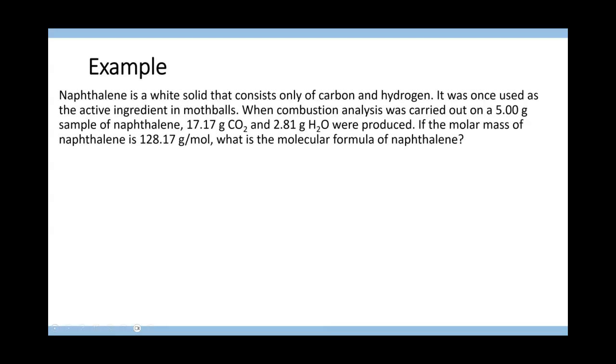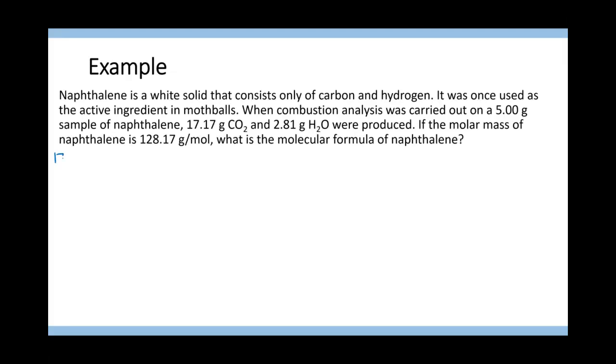But let's start with combustion analysis. Luckily the screen is pretty big. In my earlier class we have a small screen and I have to write pretty small for this question because there's a lot involved here. But our first step is determining how much carbon was produced, which is equal to how much carbon was reacted, and then same thing for hydrogen. So we'll follow those steps that we did on the previous 2 slides.